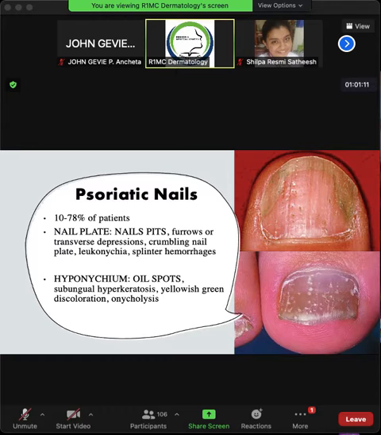And the nail plate may have your nail pits, can also have your furrows or transverse depressions, also known as your Beau's line, which we'll be discussing later. So crumbling nail plate, you can also have your leukonychia, your splinter hemorrhages, and in your hyponychium, you would actually note some subungual hyperkeratosis, your oil spots, your yellowish green discoloration, and your onycholysis.